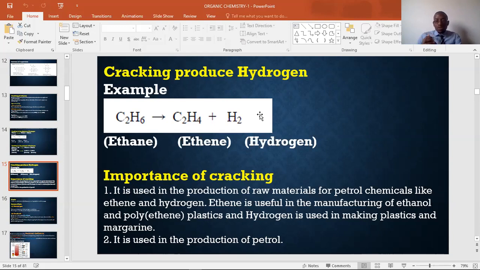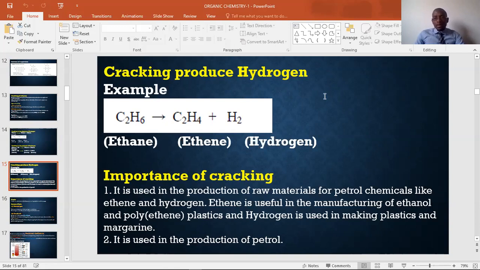It is used in the manufacturing of margarine, the manufacturing of plastics, and so on and so forth. It's also used as petrol. So cracking is one of the industrial processes that is used to produce hydrogen on a large scale.